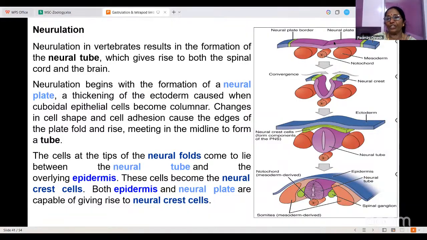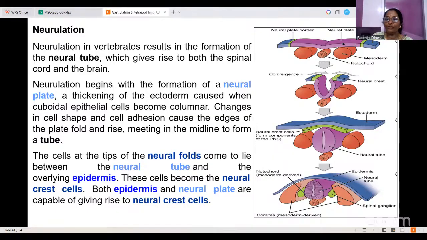As the shape changes, they slowly change to form the neural plate. As the neural plate is formed, it is going to form a bend around the notochord. On either side, there is one more piece of information given to the neural plate: they are going to form the neural crest.